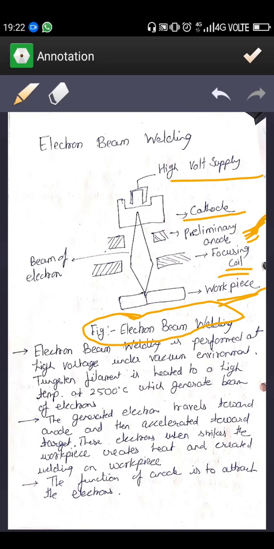Okay, so now we are going to make some introduction to electron beam welding. Just listen carefully. The major characteristic of electron beam welding is greater depth of penetration by highly accelerated electrons.